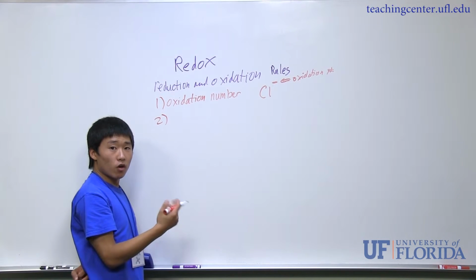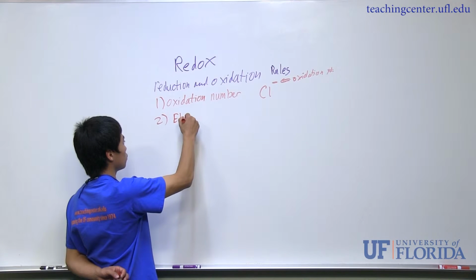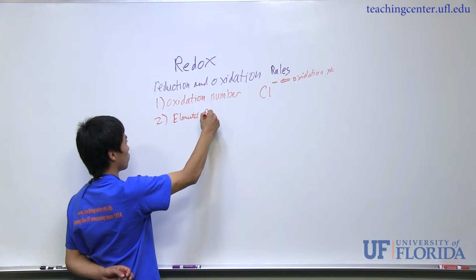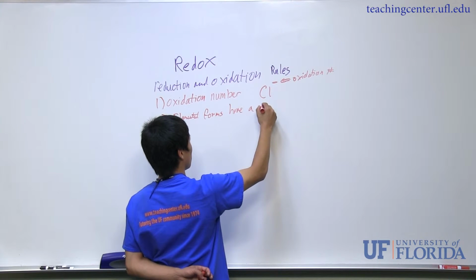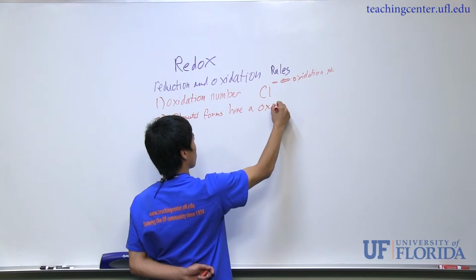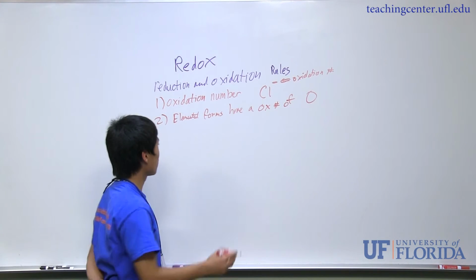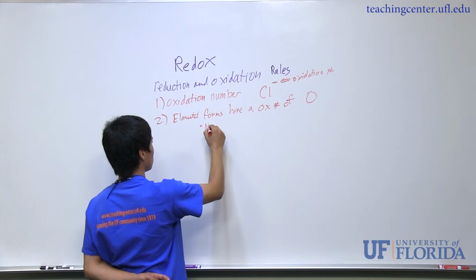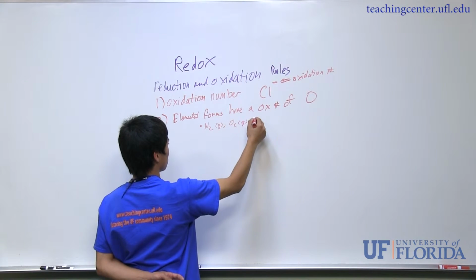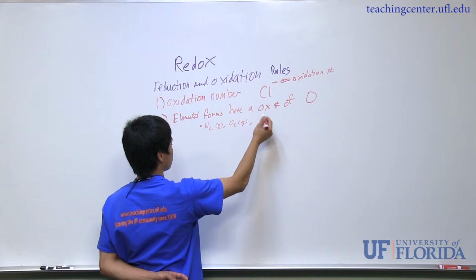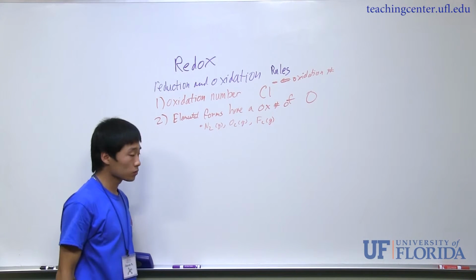Atoms or elements in their elemental form, like gases, have an oxidation number of 0. Examples would be N2 gas, O2 gas, F2 gas, a lot of your gases.